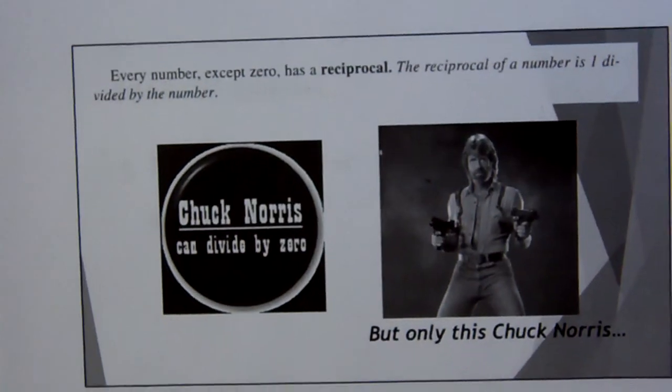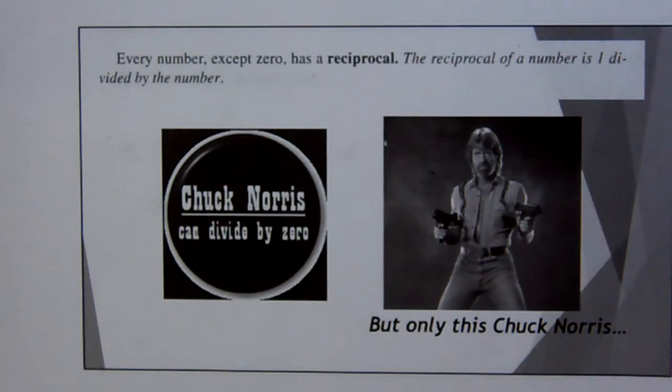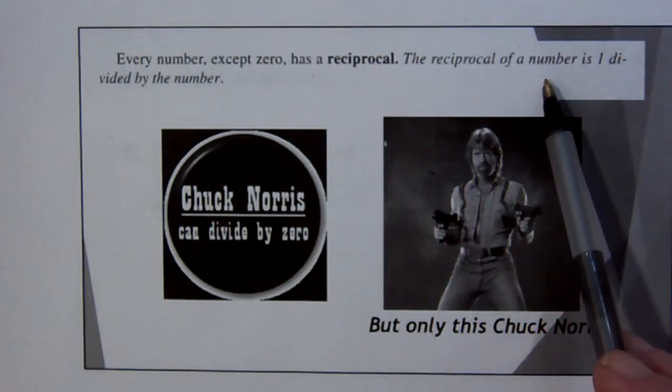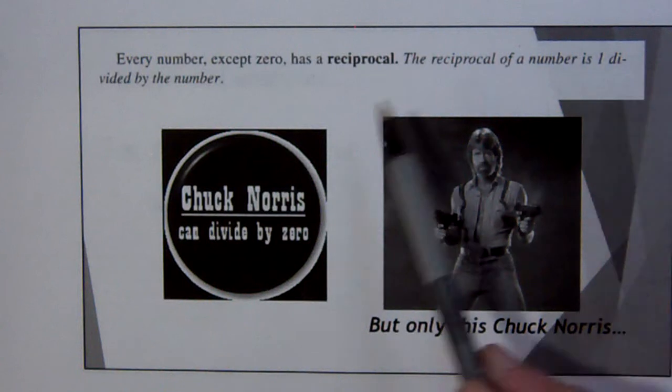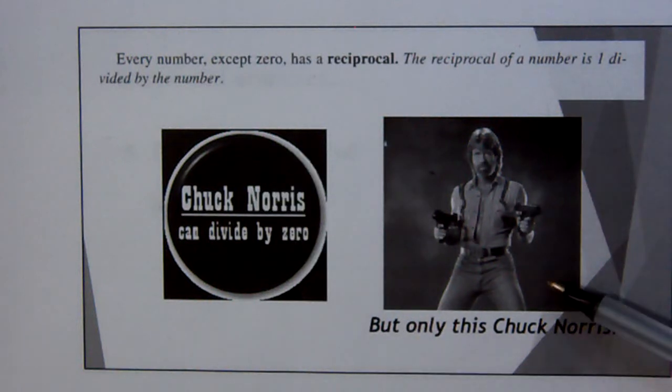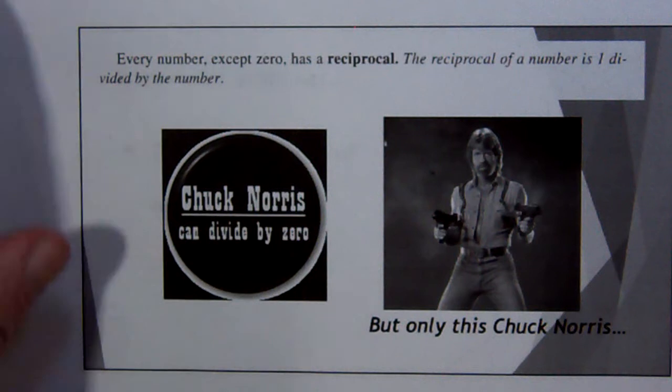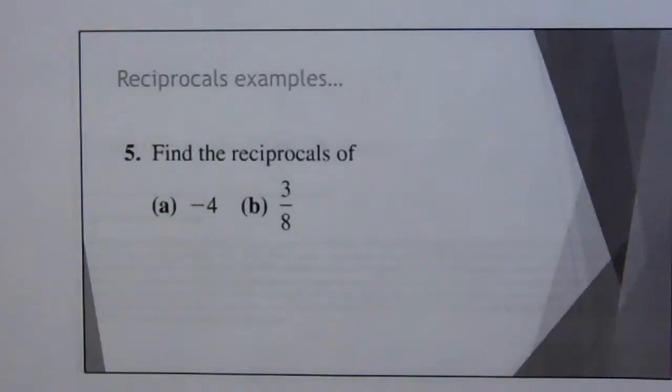Every number except 0 has a reciprocal. The reciprocal of a number is 1 divided by that number. This really is a joke. Not even Chuck Norris can divide by 0. Operationally, finding the reciprocal corresponds to inverting the number or turning the number upside down.